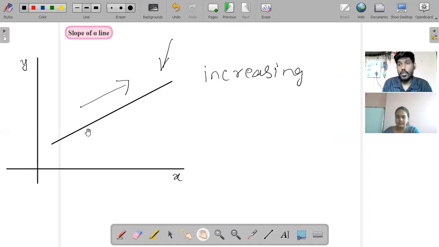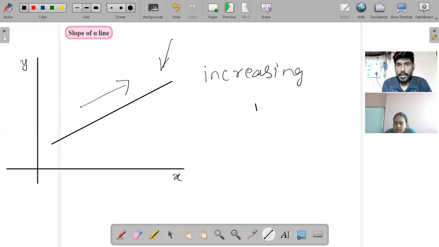Now looking at this graph, you can say it is increasing. But suppose the graph is absent, then how will you know the direction of this line, whether it is going up or down?